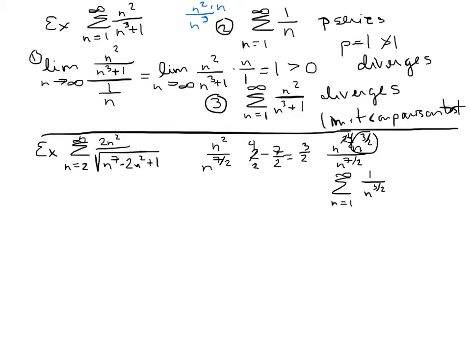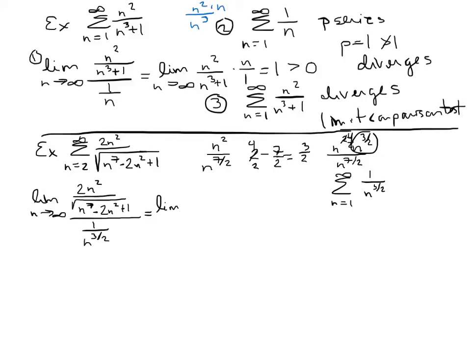Okay, let's set up a limit. The limit, as n goes to infinity, of our original 2n squared divided by the square root of n to the 7th minus 2n squared plus 1, all divided by 1 over n to the 3/2.